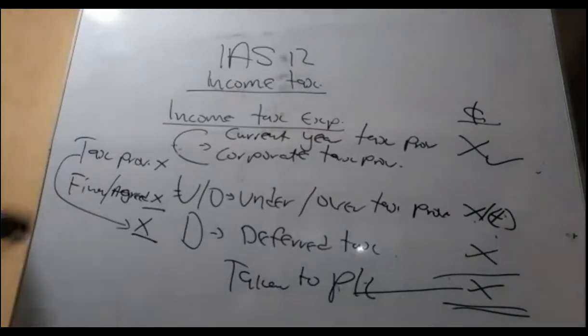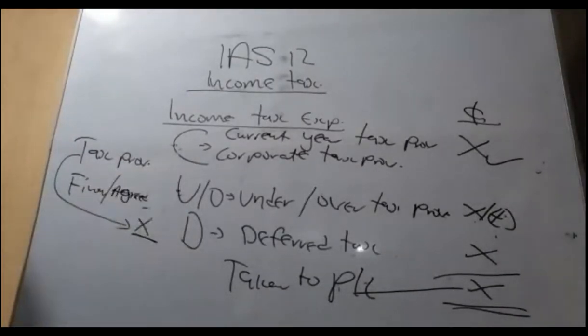If what you provided is less, it is under provided. If it's under, you add. Under means the tax that you provided was less. So come and top it up. So it's an additional expense to you, because whatever you provided is less. But if it's over, then it's a plus for you, it's a gain for you. That means subtract it from your tax that you are going to pay or your tax that we are recording in the financial statement. Now let's give ourselves an example.